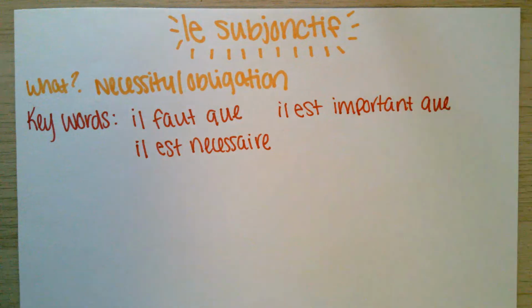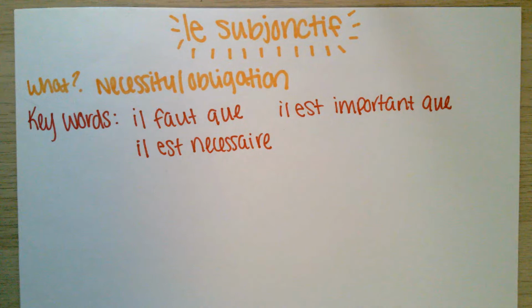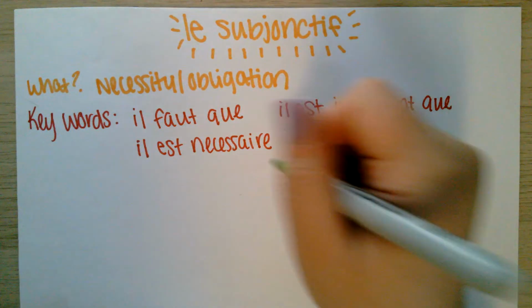All three of those are keywords, and what comes after them is the subjunctive. You can have something like the present tense before this, but after it, the subjunctive will follow. Once you see one of those three phrases, you're going to know that the subjunctive will come after.